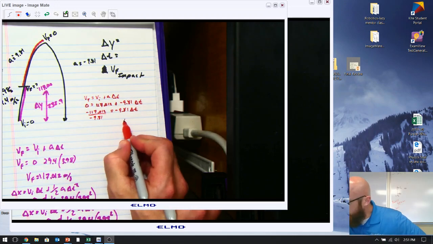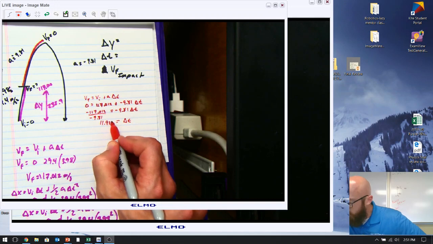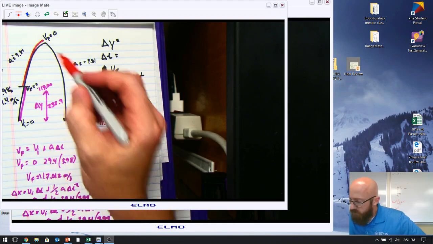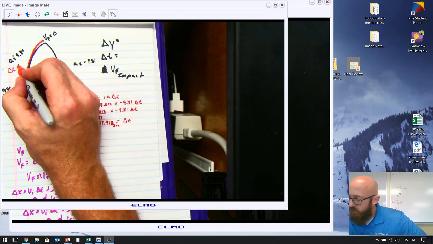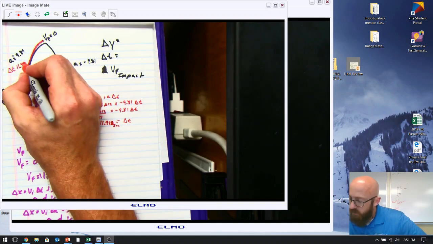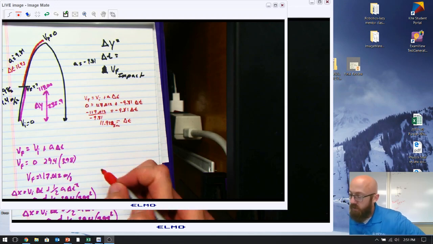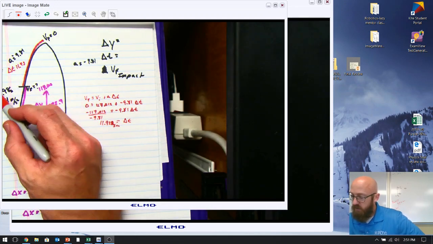Our delta t for this half is 11.927, actually 11.928 seconds. So delta t for this half is 11.93. I'm not paying attention to significant digits, I'm just running like we've got it. So that gives us our time up here.